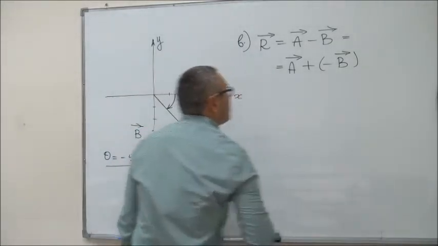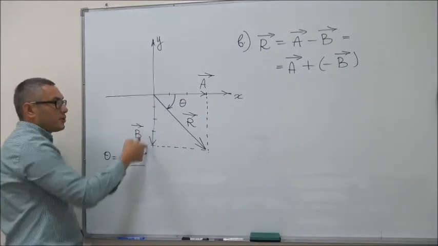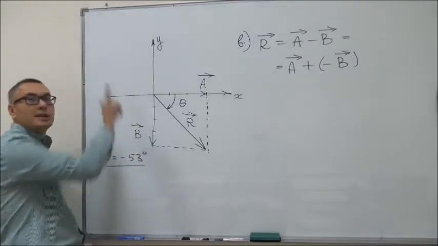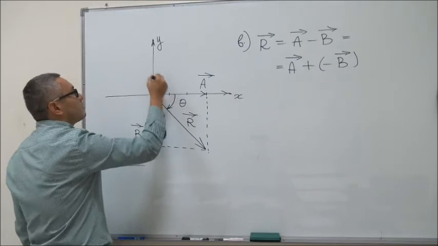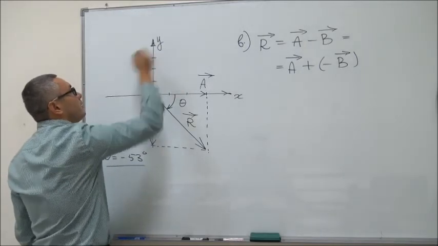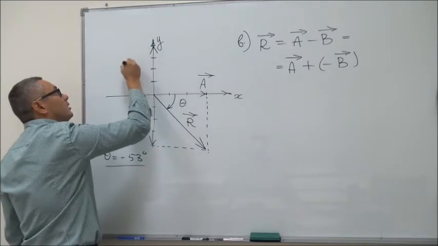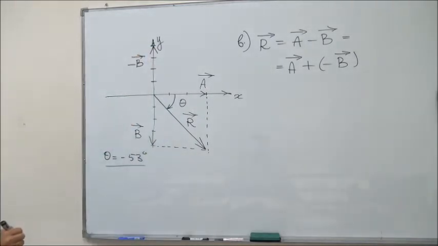So from this point of view, if you look at this picture, B is pointing in the negative y direction. So the negative of B will be pointing in the positive y direction. So it's exactly the same length. So 1, 2, 3, and 4, but it's pointing upwards. And this is your minus B vector.